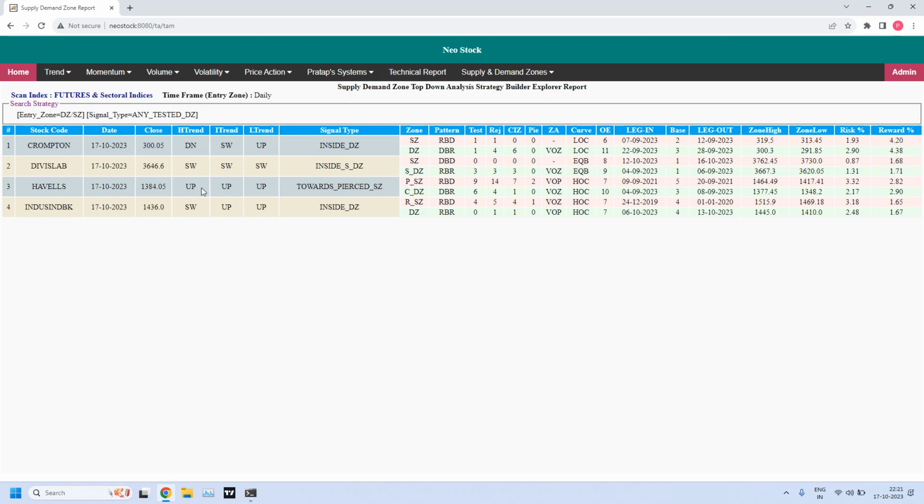Let's look into Havells. It tested the demand zone. The sixth time it tested. 13.77, and from there it moved how much?